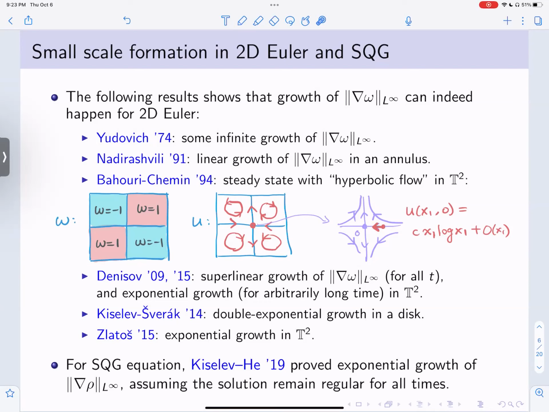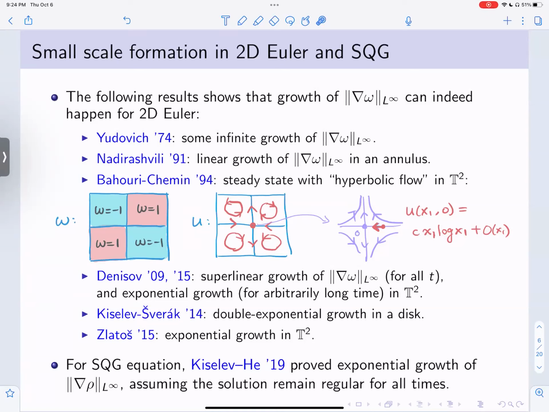Of course, this phenomenon doesn't directly imply small scale formation, because this is the steady state, and it's actually a discontinuous steady state where the gradient of omega is already equal to infinity to begin with. So that itself is not a dynamical solution.